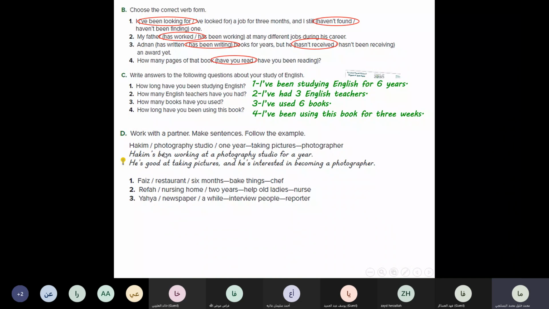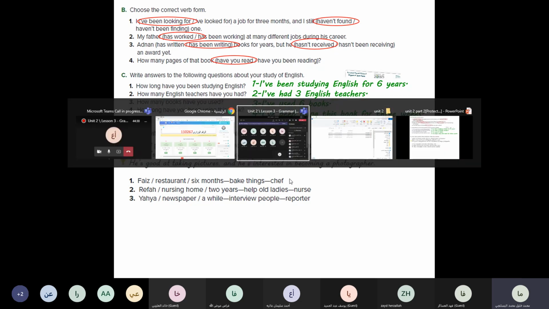Look at the example. Hakim, photography studio, 1 year. Taking pictures, photographer. Who can read the example? Yes. Hakim's been working at a photography studio for a year. He's good at taking pictures and he's interested in becoming a photographer. Good, thank you.